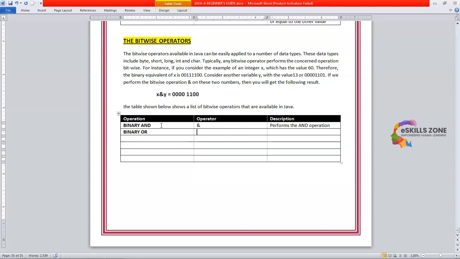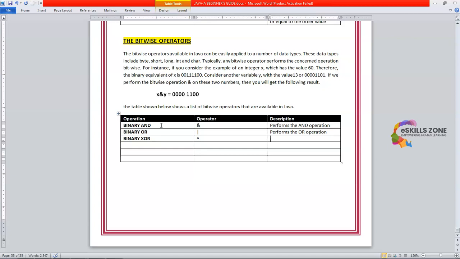You use a pipe symbol and it performs the OR operation. The third one is binary XOR, and the symbol used for it is caret symbol.